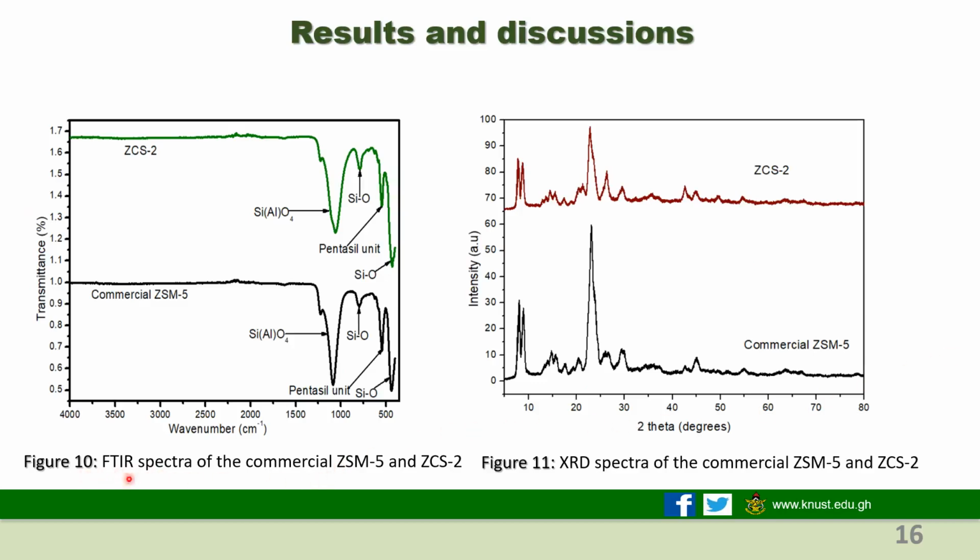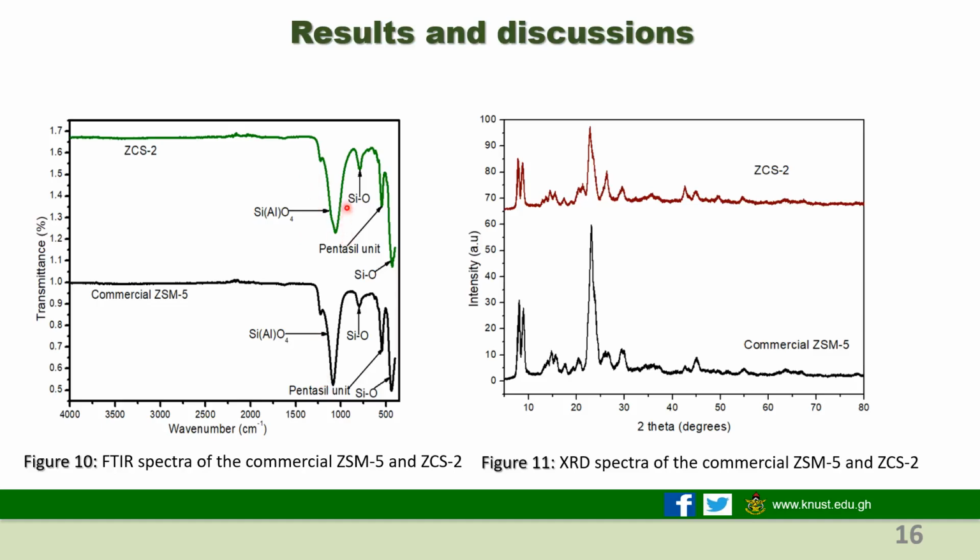The second sample, ZCS2, was also taken through FTIR analysis, and its spectrum was compared to the commercial ZSM5. The aluminosilicate framework vibration, which is present in the commercial ZSM5, was also observed in ZCS2.